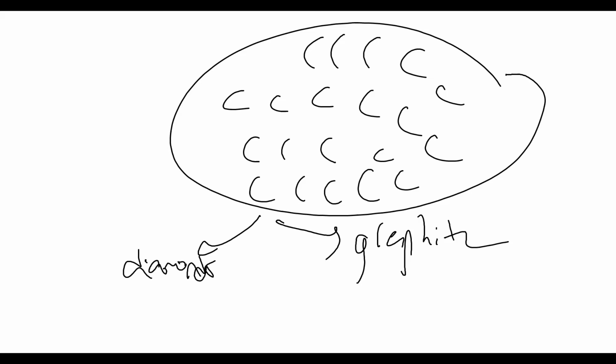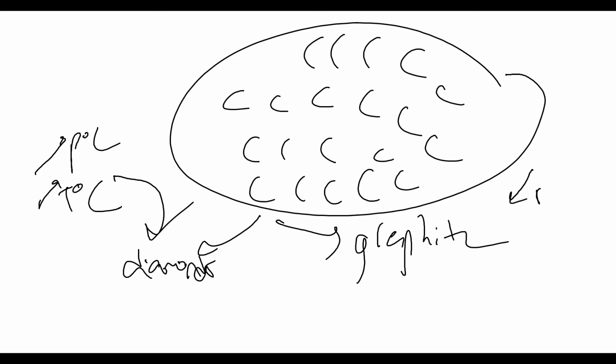When we have a high temperature and a very high pressure, diamond is created out of these carbons. However, if we had these carbons under low pressure and low temperature, the carbons will form graphite.